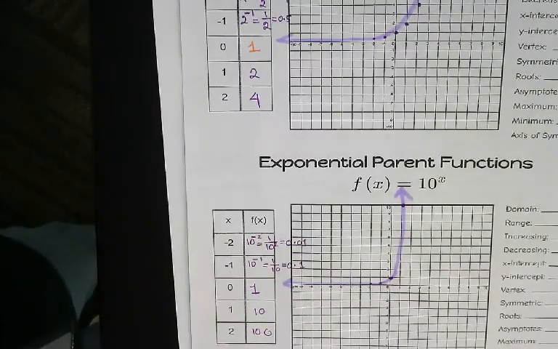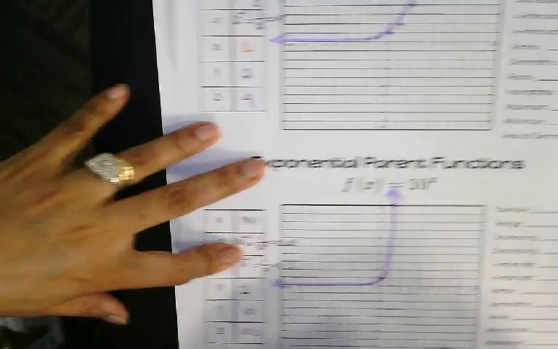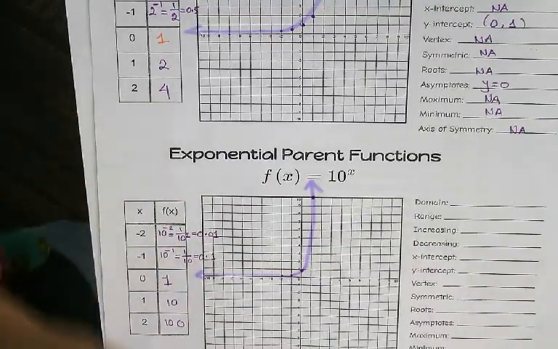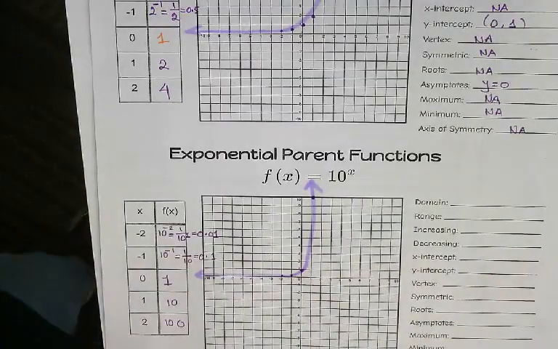We good? This is going to be your graph. Do the properties by yourself, then we're going to check together. I'm giving you 2 minutes. Once you are done, please raise your hand so I can start checking.